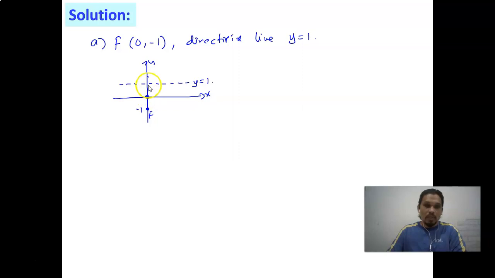The distance here is 1, and also the distance here equals 1.